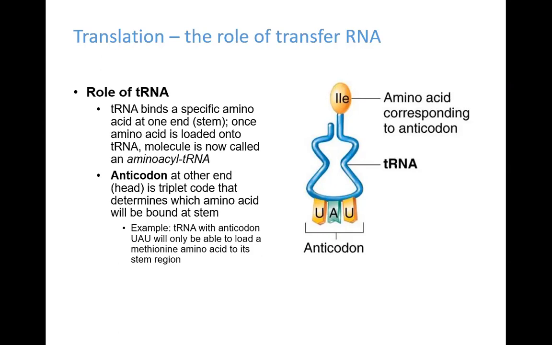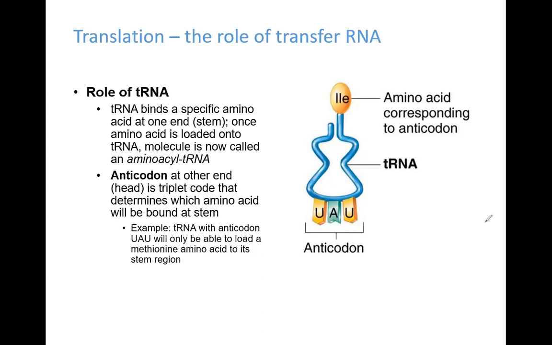And this is the role where we are in this slide. The transfer RNA is a structure made up of nucleotides, just like the messenger RNA and the ribosomal RNA is. I think I said the other day that this is probably the fanciest drawing of transfer RNA I've seen.